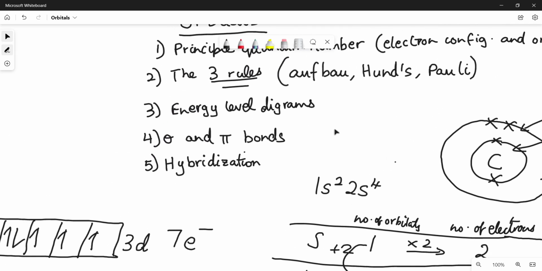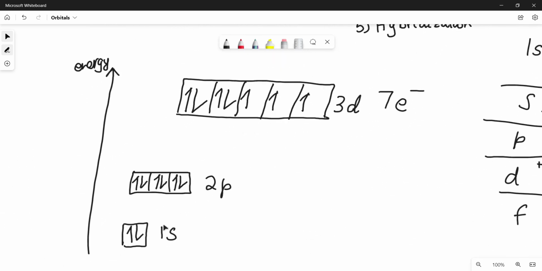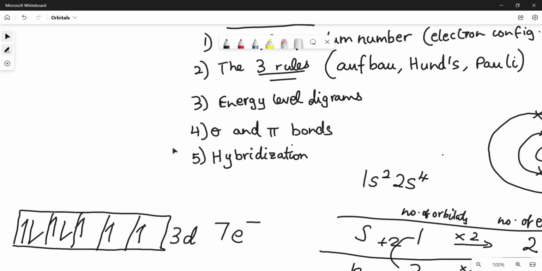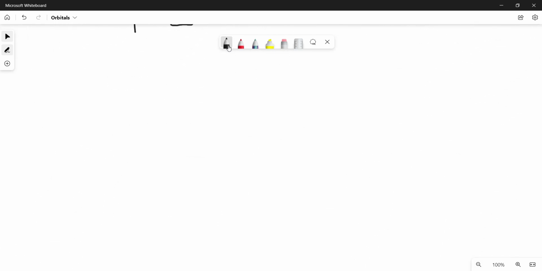And so yeah, those are the 3 rules, and I just explained the energy diagrams where the lowest energies get filled first. And so yeah, now we move on to sigma and pi bonds. And the first part is something you need to memorize. So for every single bond, let's say we have C and C, this will have 1 sigma bond.